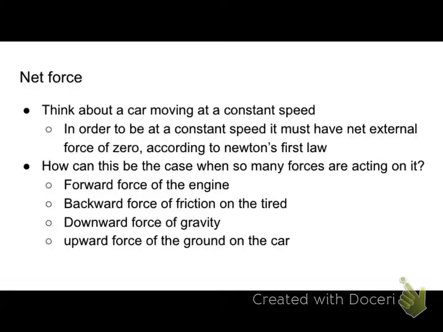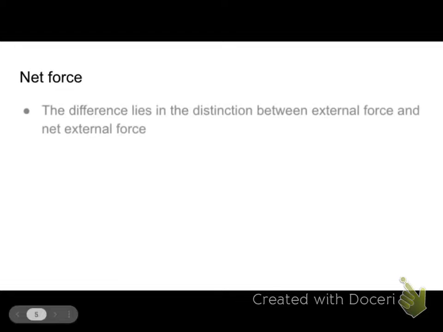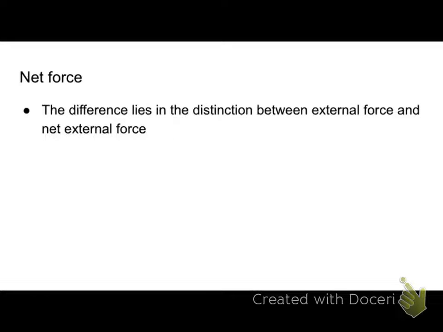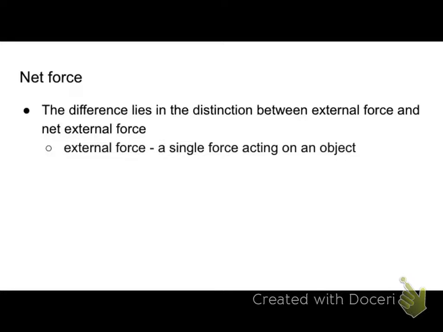So the difference is being able to tell the difference between net force on the car and external force on the car. The difference between external force and a net external force is very important here. An external force is just a single force acting on an object. Obviously, the external forces on this car are not equal to 0, right?